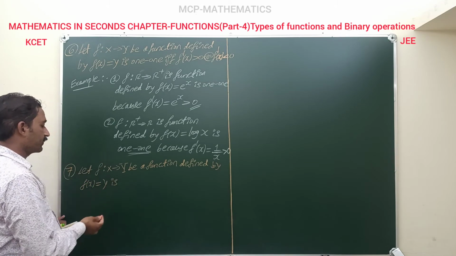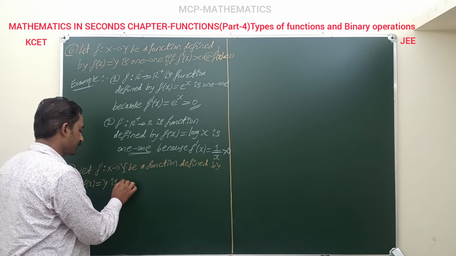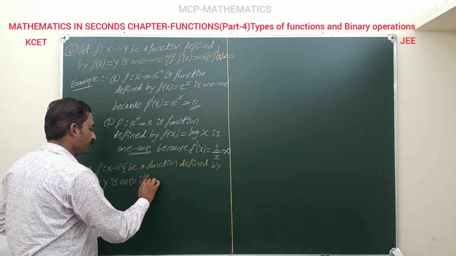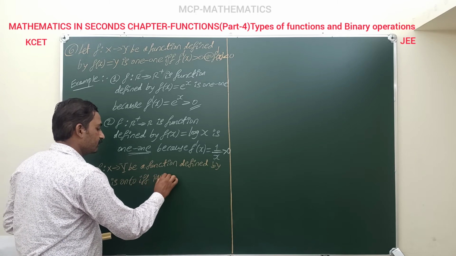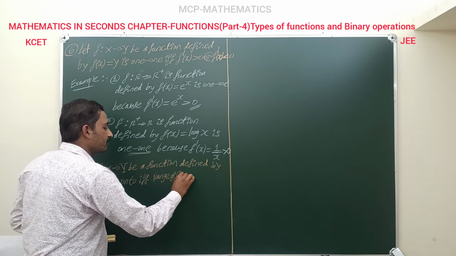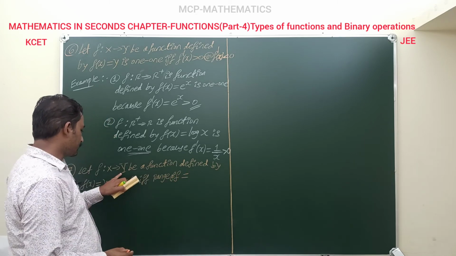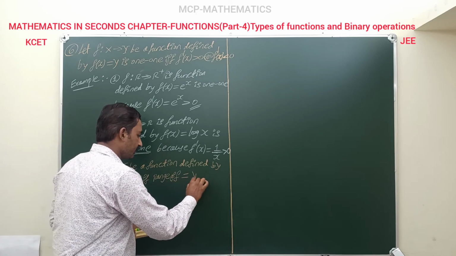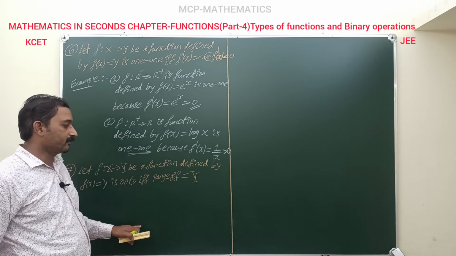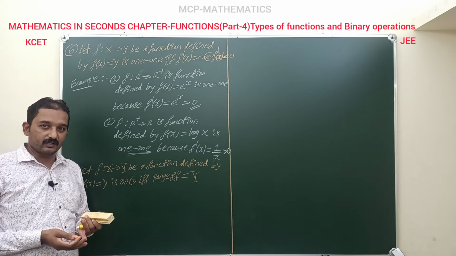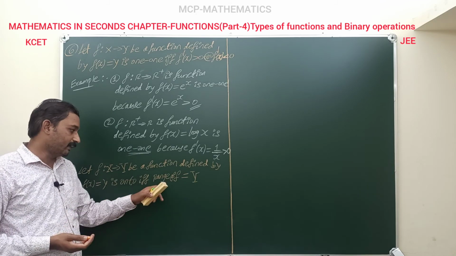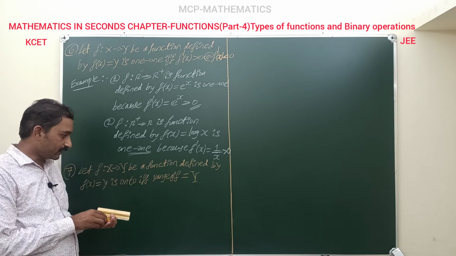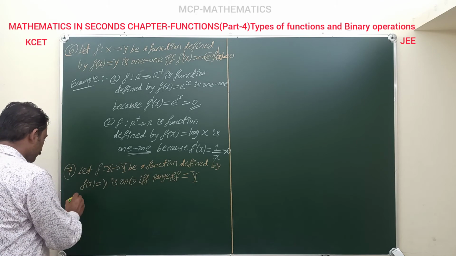The function is onto if and only if the range of f is equal to the codomain Y, where X is the domain and Y is the codomain. If the range is equal to the codomain, then the function is onto, and if the function is onto, then the range is equal to the codomain. So it works both forward and backward. Using this condition, let us take one example.